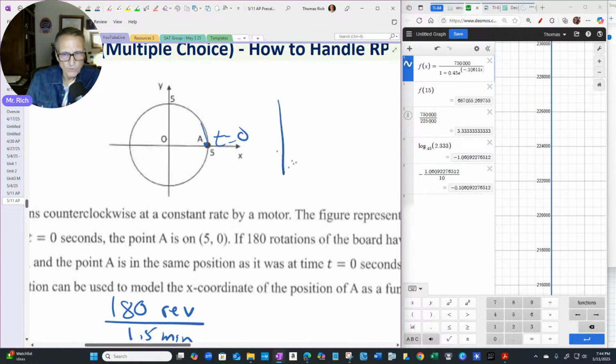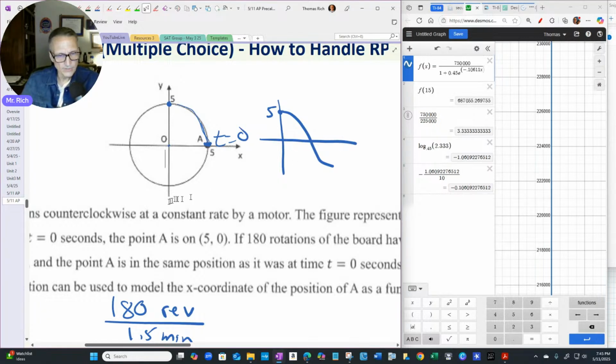So this is most likely going to be modeled by a cosine function, because it would be starting at its furthest distance away, but then moving towards 0. So when it comes up here, its x coordinate is 0, and then its x coordinate goes negative as it's tracing its way down there.